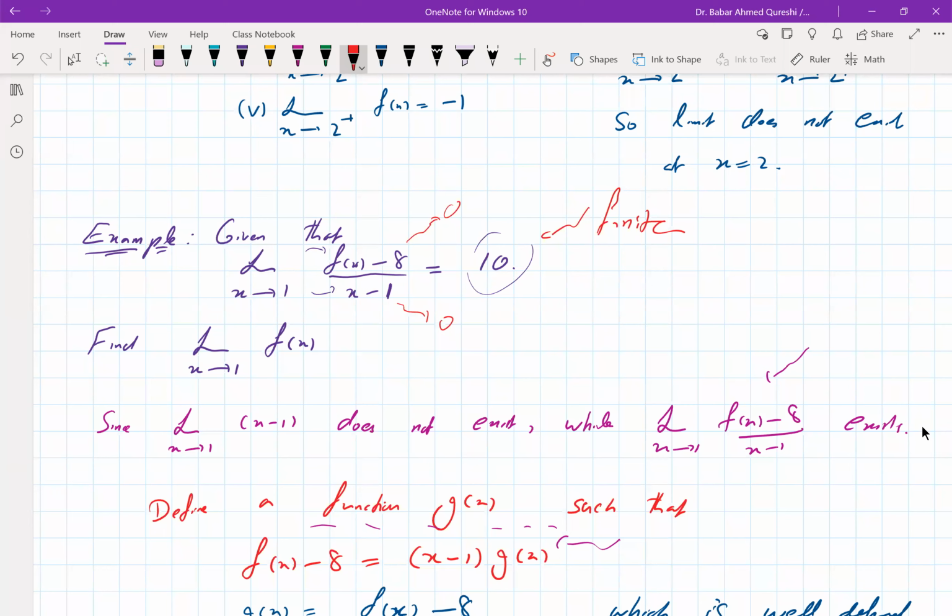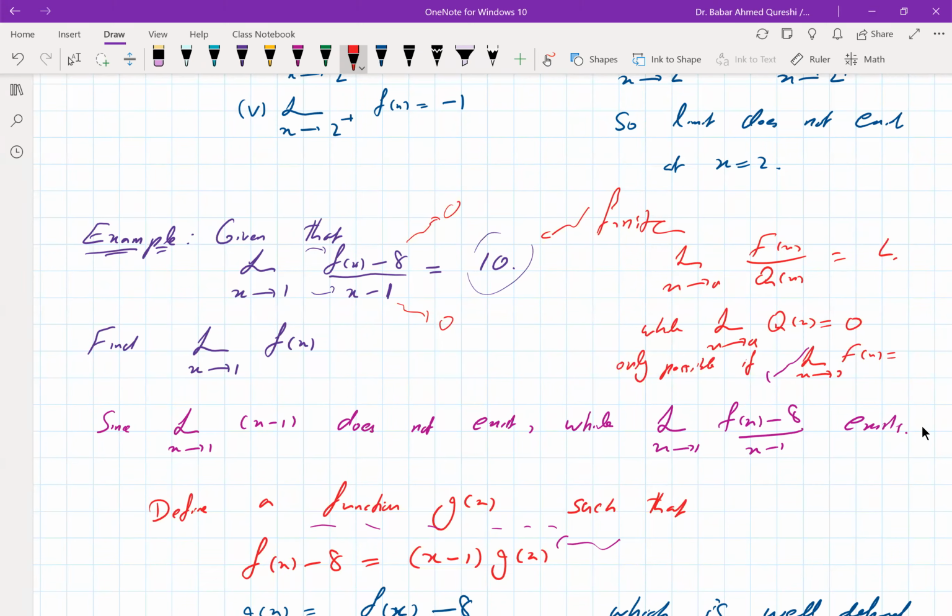And by the way I have done it, you can argue by making it a formal argument in general that if you have a quotient, and if it exists while the lower limit is 0, then the only possibility is that the upper limit also goes to 0. What I have done, you can make it into a theorem.